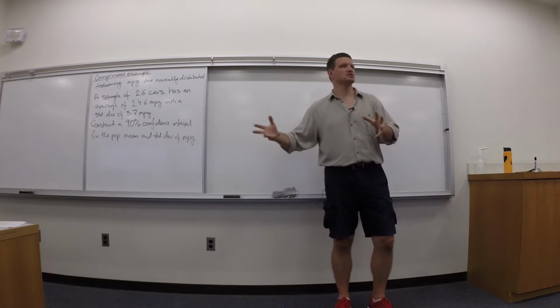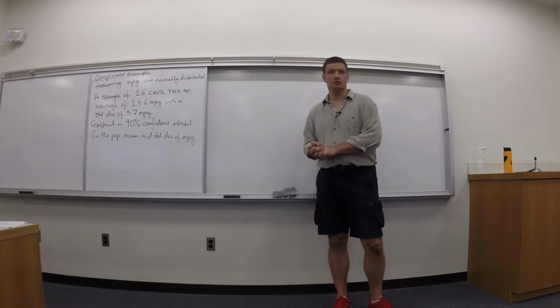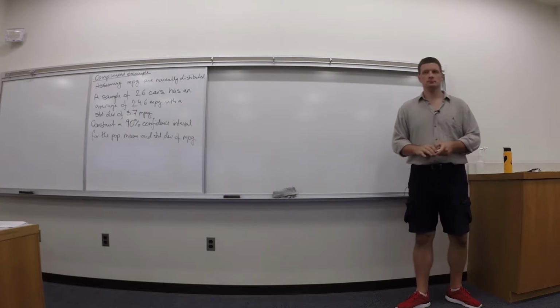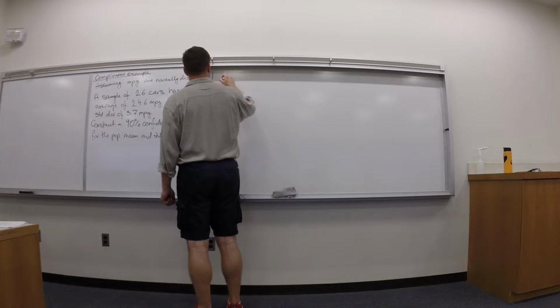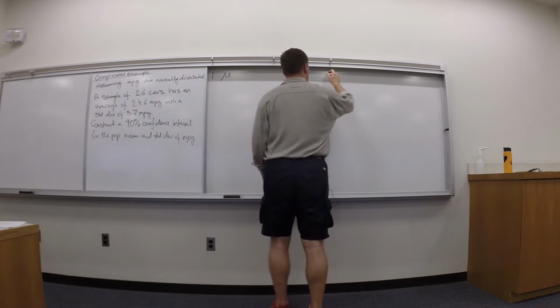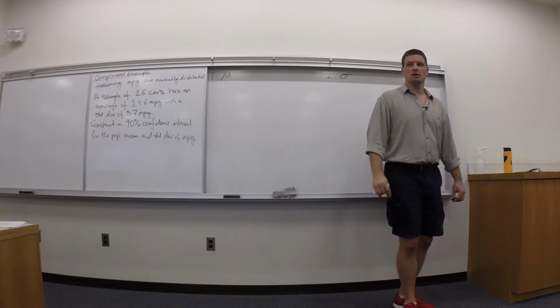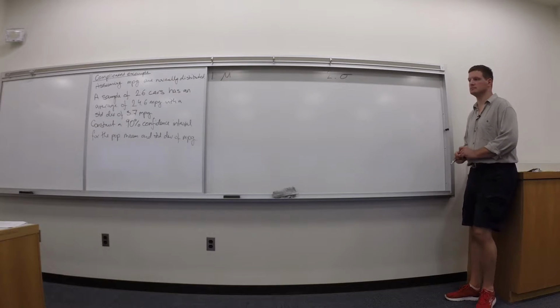Then we assume it's going to be normally distributed now. So let's do it. There's two parts to the problem. Part one is mu, and part two is sigma. I'm asking for the population mean and the population standard deviation.